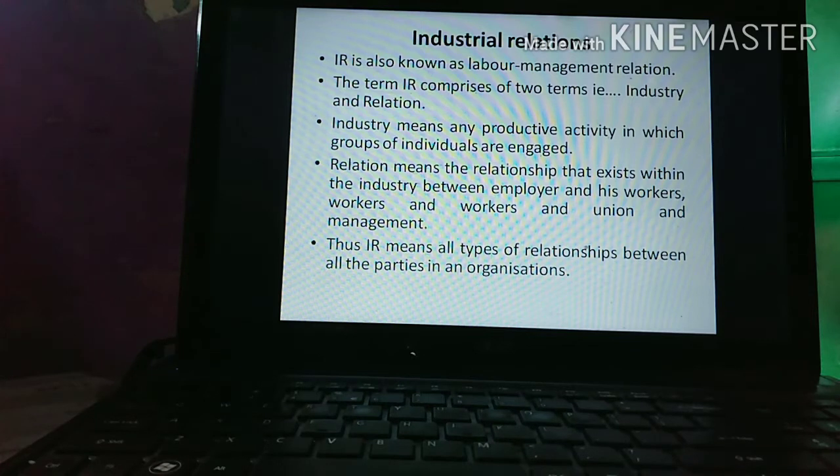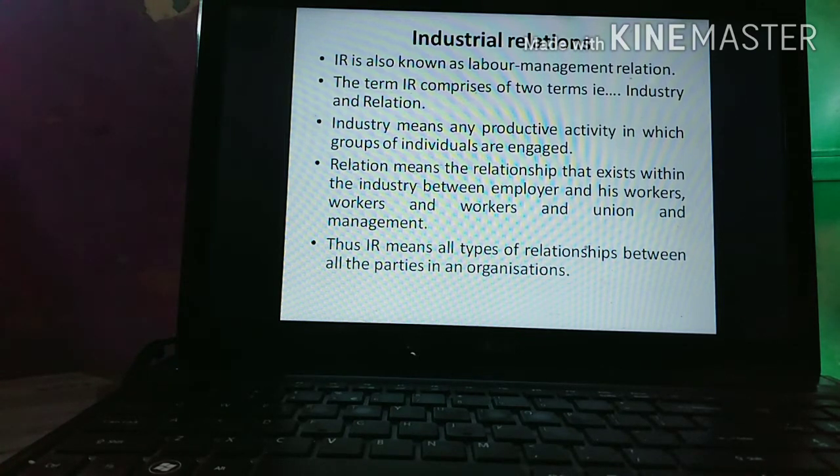Ultimately the productivity was suffering, because industrial progress is not possible without labor management cooperation in industrial harmony. Then both the parties realized that without having a good relationship with each other, they cannot manufacture on a large scale. So at that time the concept of industrial relations came into existence.